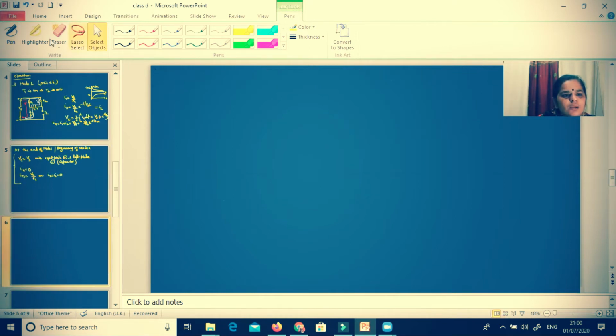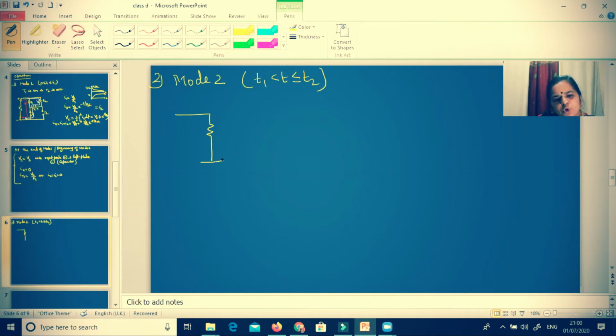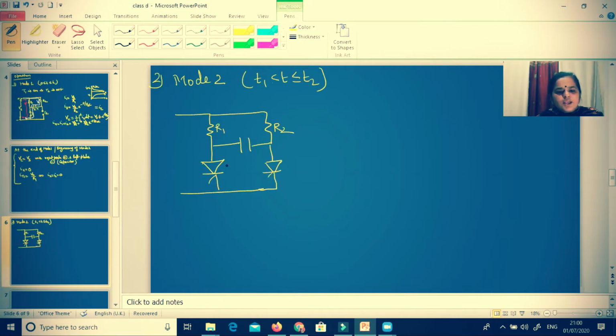Now let us talk about mode 2. Mode 2 exists between T1 to T2. As I already mentioned, the mode 2 beginning will be the mode 1 end situation. So this is the circuit, this is R2, this is R1, this is T1, this is T2.